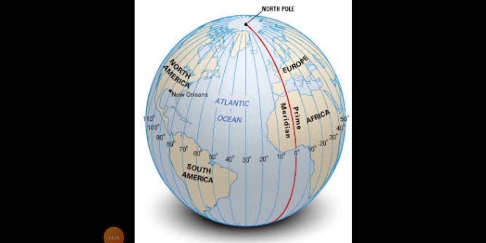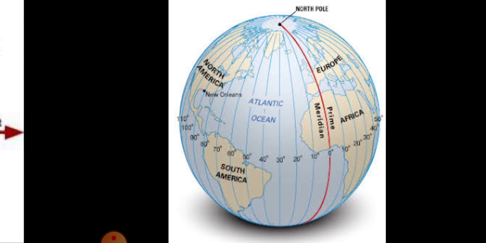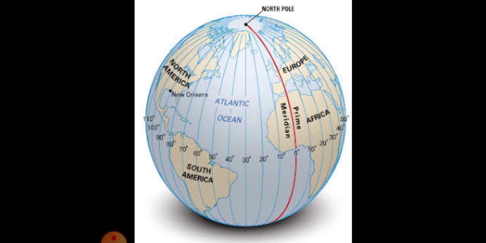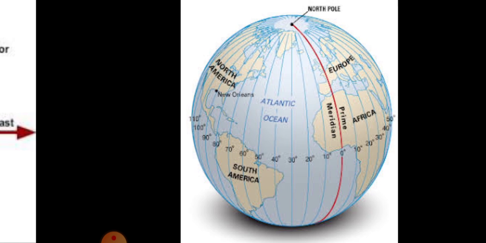Children, look at the image, you will understand. The North Pole is mentioned, and the lower part is the South Pole, and the prime meridian. Look at the image, the red line is the longitude. That is 0 degree, and it is known as the prime meridian. Just as the 0 degree east to west line is known as the equator, this north to south 0 degree line is known as the prime meridian.